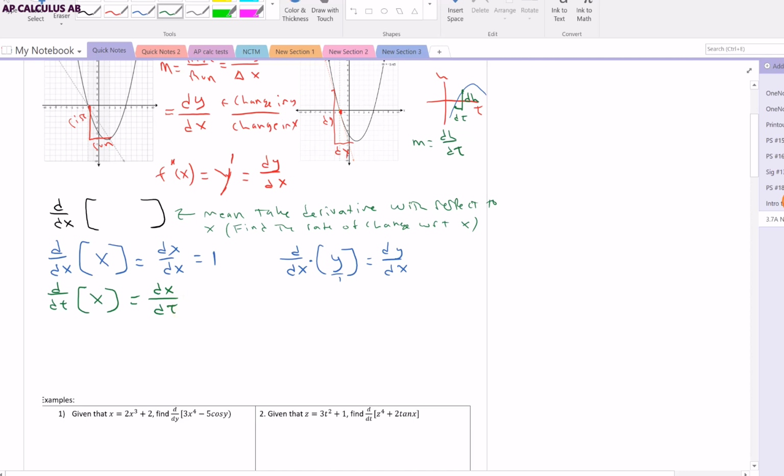But notice how that's not going to cancel out. So if I'm taking the derivative with respect to t, then that derivative of x is not just 1, but it's dx dt. All right, and continuing, if I do the same thing with the derivative of y with respect to t, well, it's going to be d times y, which is dy over dt. The change in y over the change in t.